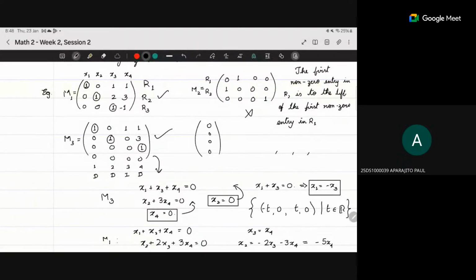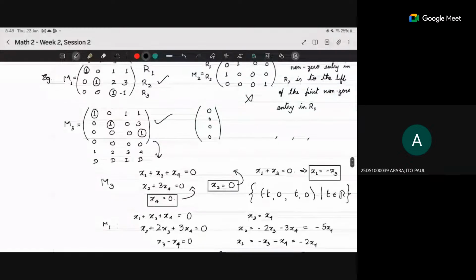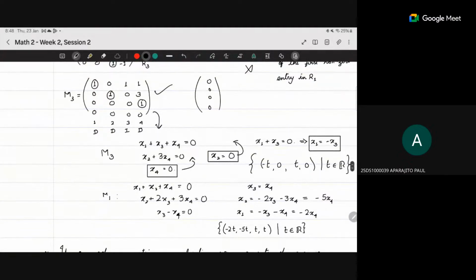Whenever you have a 1 followed by something, you will have x1 is equal to all those other things. Well, that's not a very good way to explain it. Later I'll give you another example, and there it will be clear. But for now, you just take this as a memorizing algorithm, which will be supported with an example. That dependent variables are ones which correspond to the columns which contain leading non-zero entries of rows, and the others are independent.